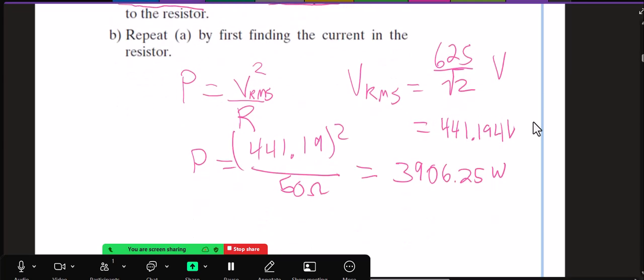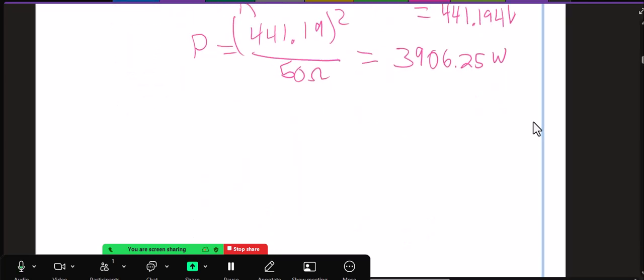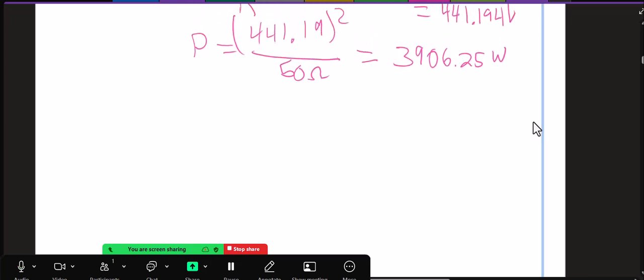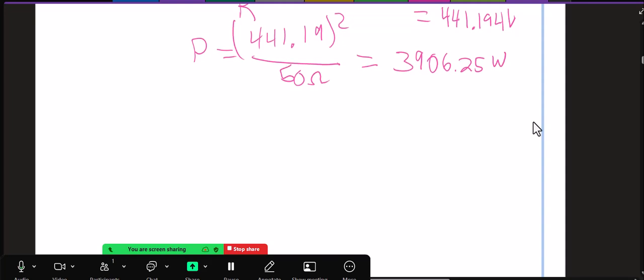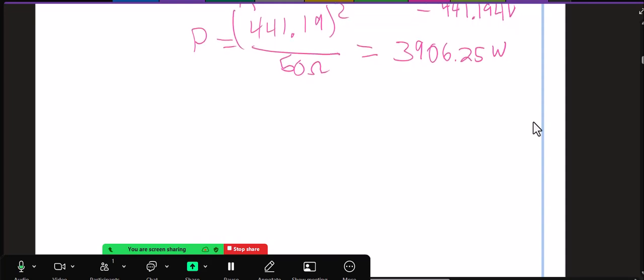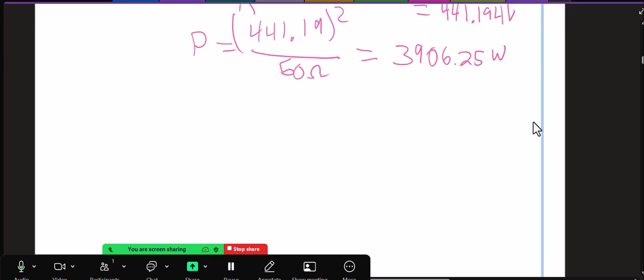Yes, you could use the other equation. There's always multiple choices for equations. So for part B, it says repeat A by finding first the current in the resistor.